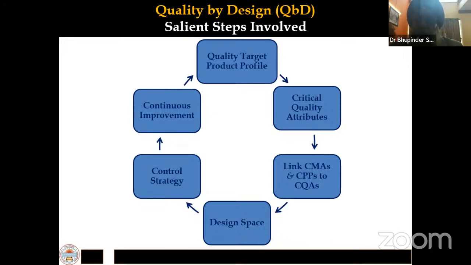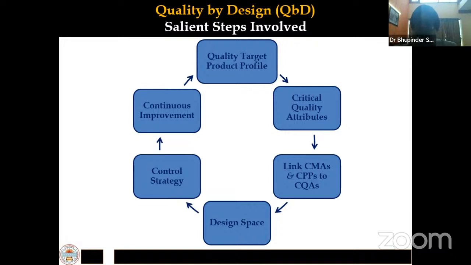You'll be selecting critical quality attributes, which are the dependent parameters. Then you'll be selecting some of the critical material attributes and critical process parameters. This is the federal terminology which is to be adopted, and you have to link these critical quality attributes with critical material attributes and critical process parameters.